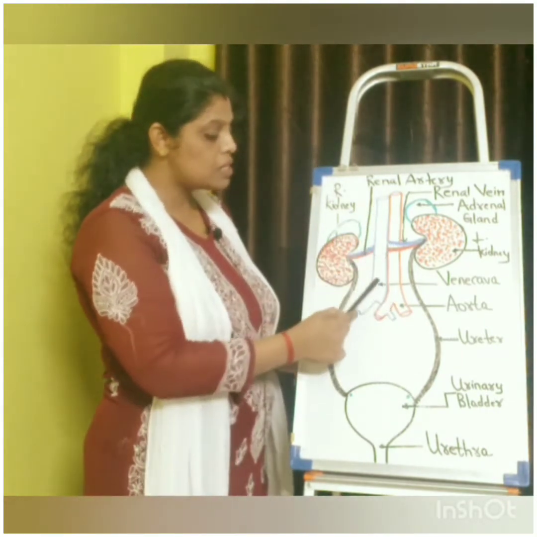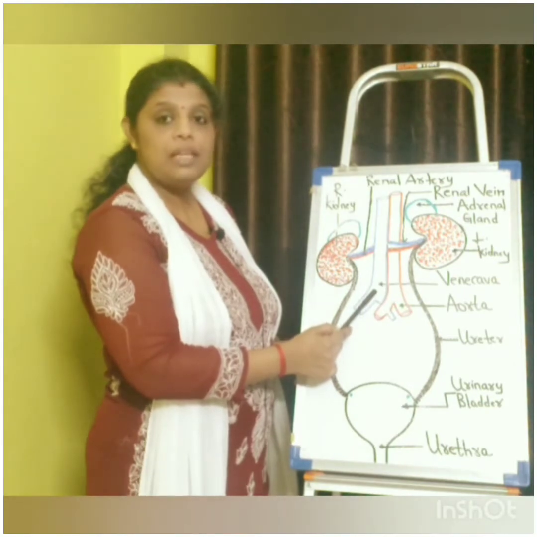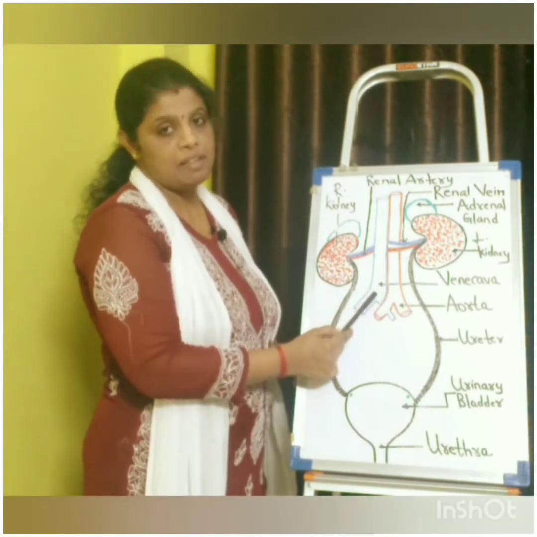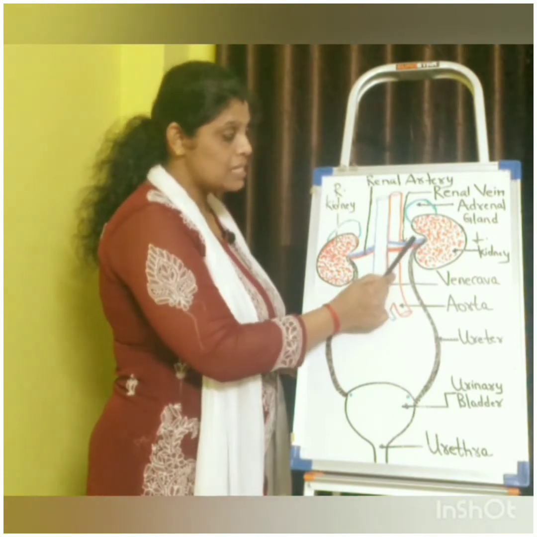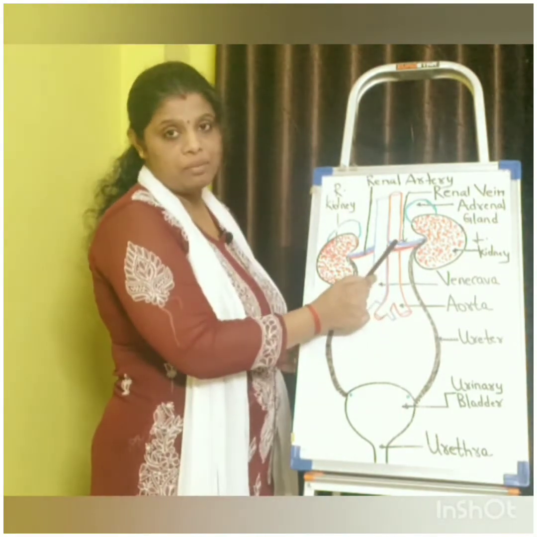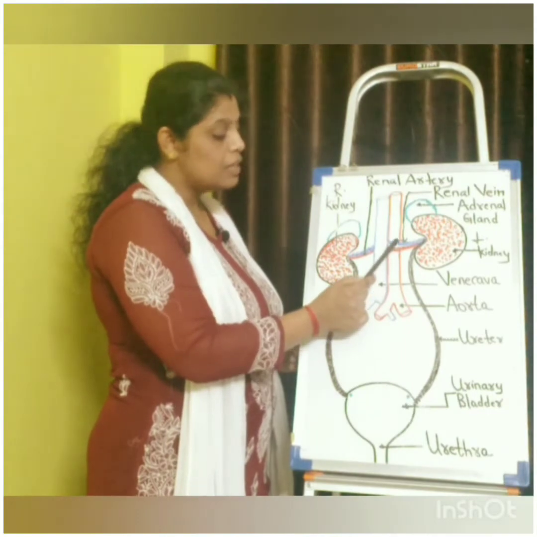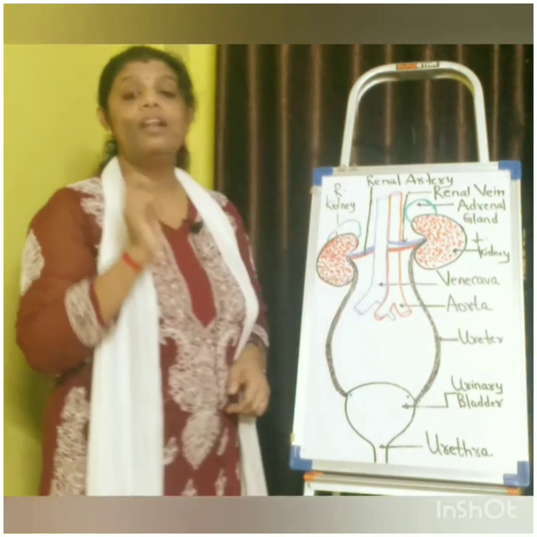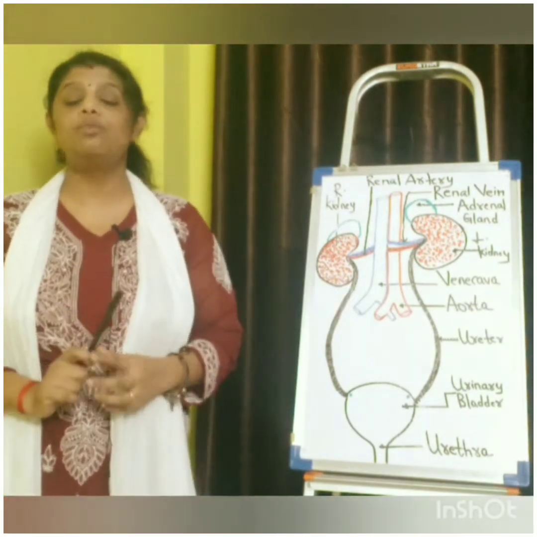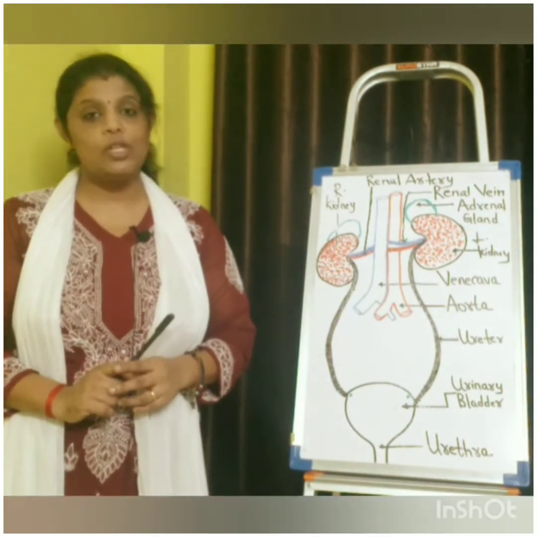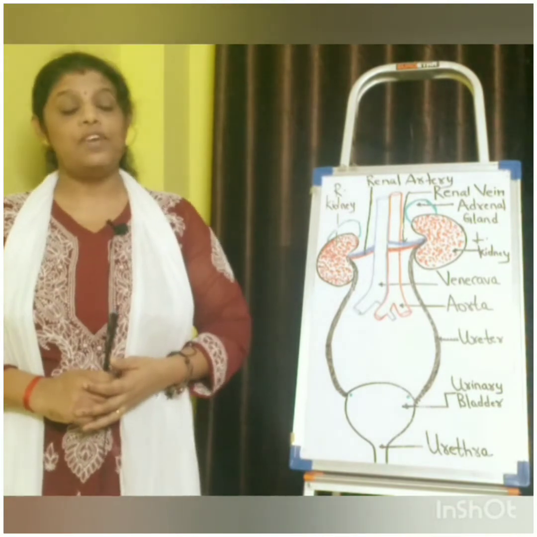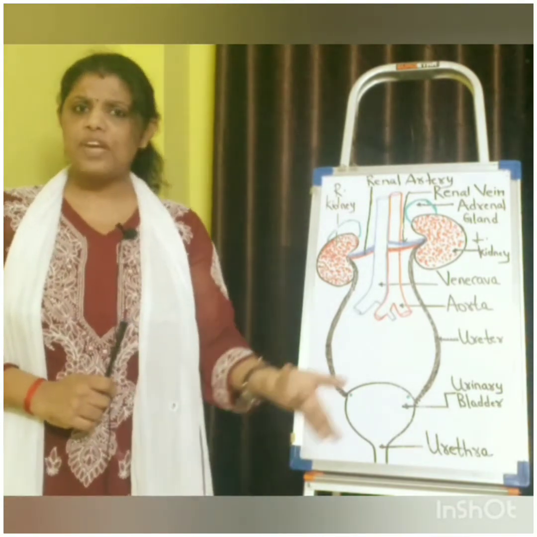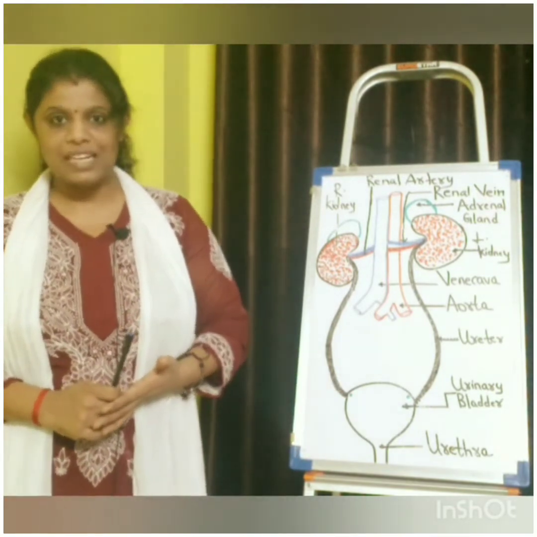This blue color structure is nothing but the inferior vena cava. Here you can see a blue color structure, that is the renal vein, and a red color structure, that is the renal artery. Remember, the word renal is used, which indicates kidney. For anything related to kidney, we use the word renal. Kidney failure, renal failure. Understanding?